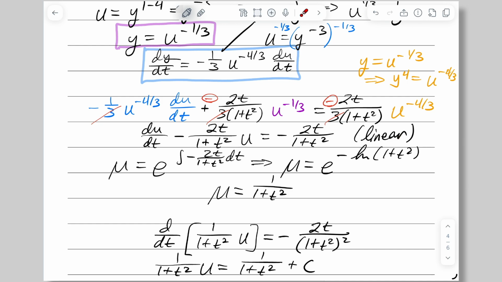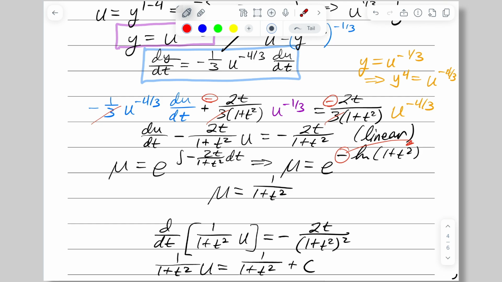Since it's linear, we're going to use an integrating factor. Mu is equal to e to the integral of negative 2t over 1 plus t squared dt, which gives us e to the negative natural log of 1 plus t squared. That negative out front, I'm going to interpret it as an exponent on the quantity 1 plus t squared. e and the natural log cancel out, so I have mu is equal to 1 over 1 plus t squared.